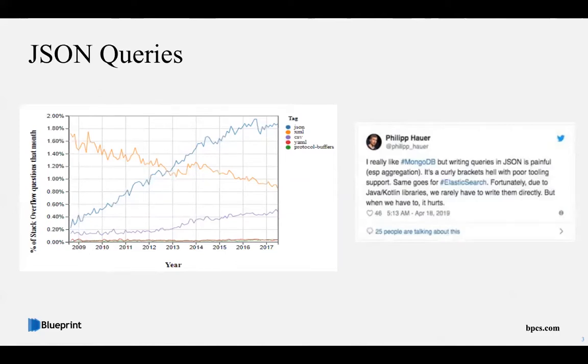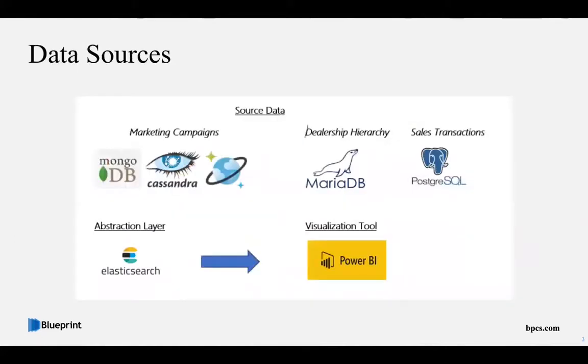Just to tee up and give some background on the scenario we'll talk about today, this was a company that was doing analytics and data science for one of the largest automotive companies in the world. I'll share a little bit about their data sourcing.